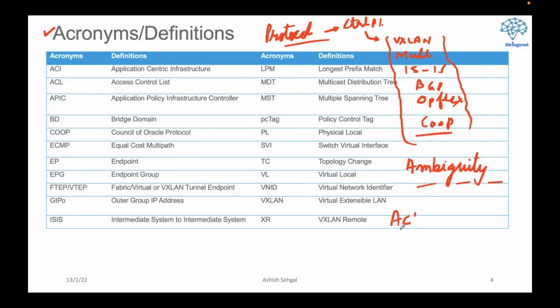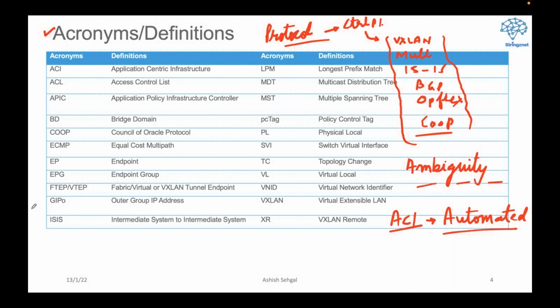ACI, the one which we are talking about, is very much an automated technology as well, which means by doing certain basic configurations, various control plane protocols get tweaked in and they start working automatically.